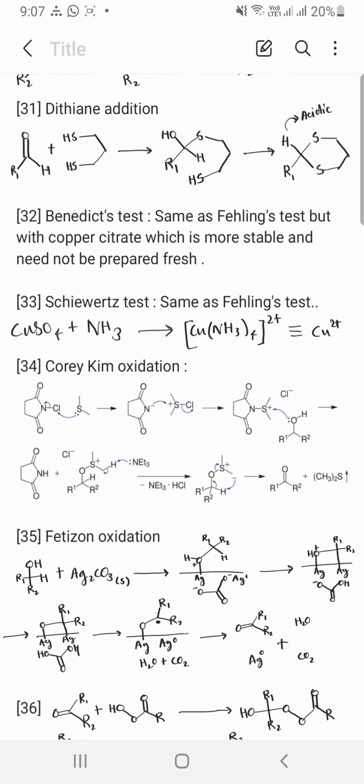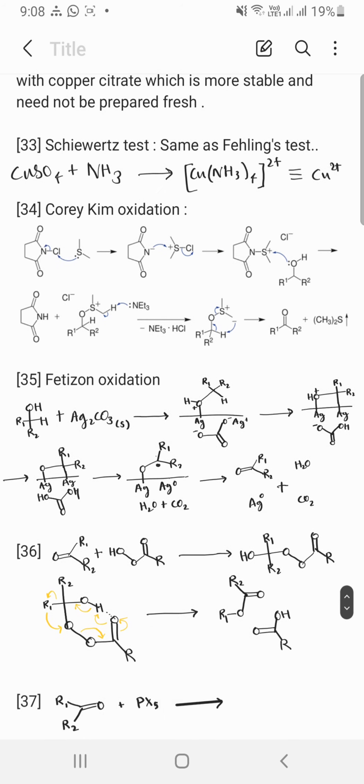Hey, okay, so in Fehling's test, it was not copper citrate but copper tartrate. Okay, that should make sense. Fine. Shiver's test, same as Fehling's test. Okay, cool. Shiver's and Benedict's. Fine.